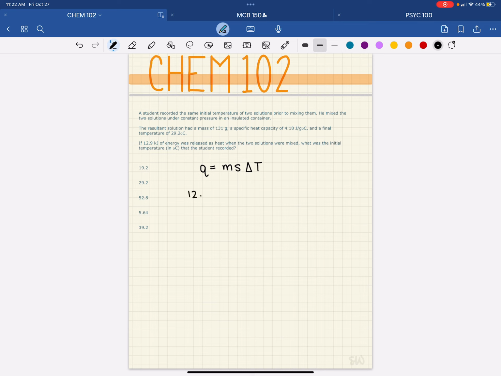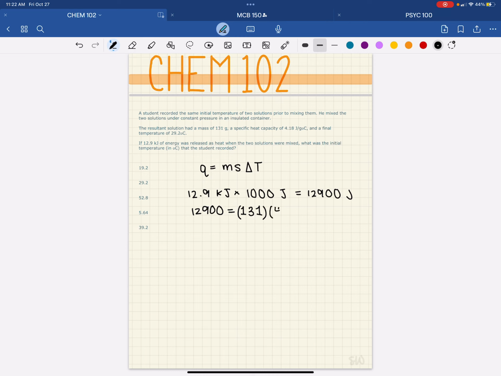So 12.9 kilojoules times 1,000 joules equals 12,900 joules. Then I'm going to plug that in as my Q. Then I'm given that the mass is 131 grams, so I'm going to put that there.